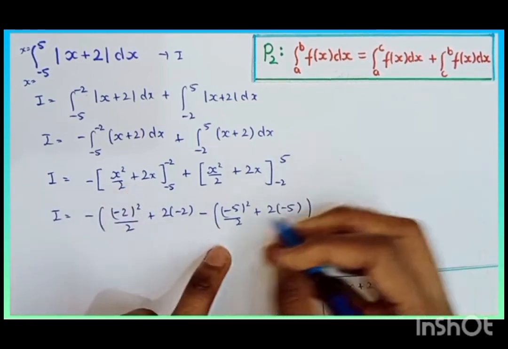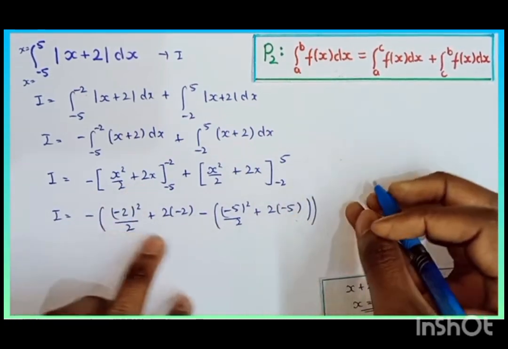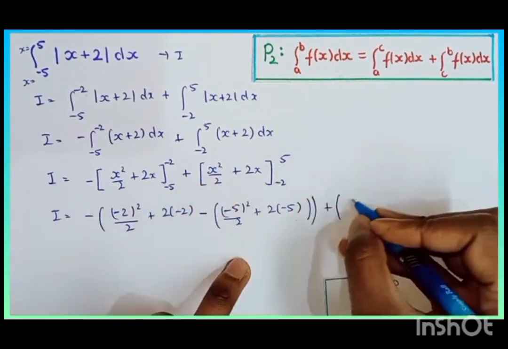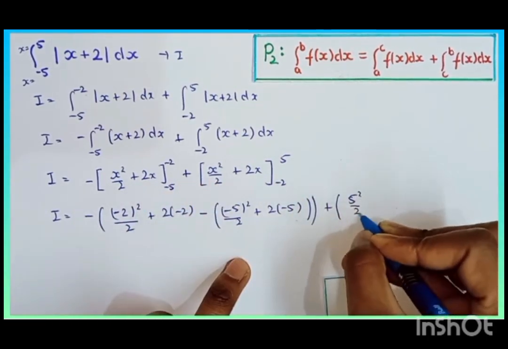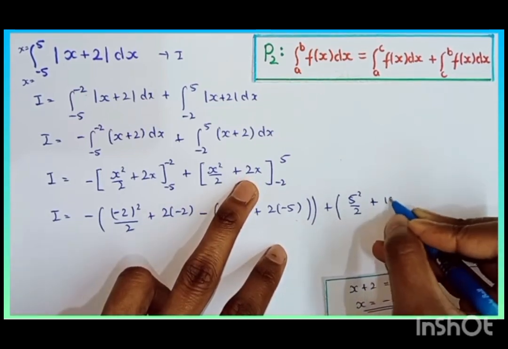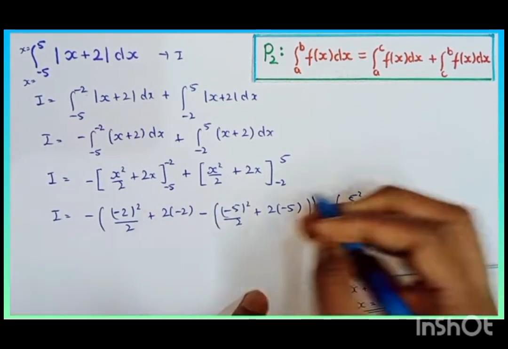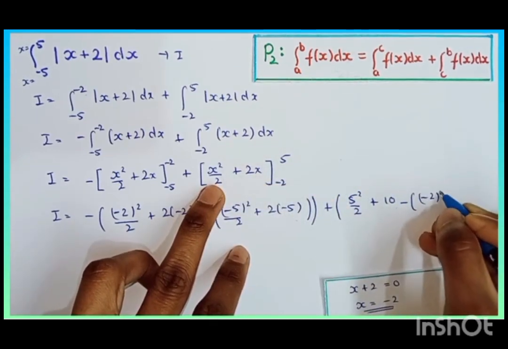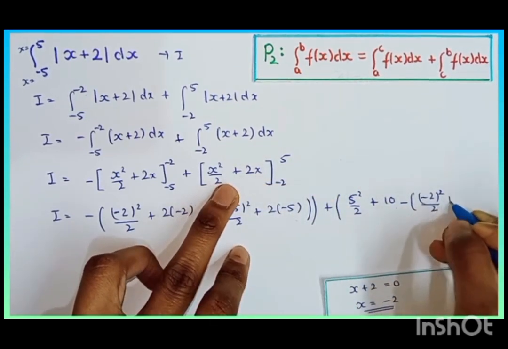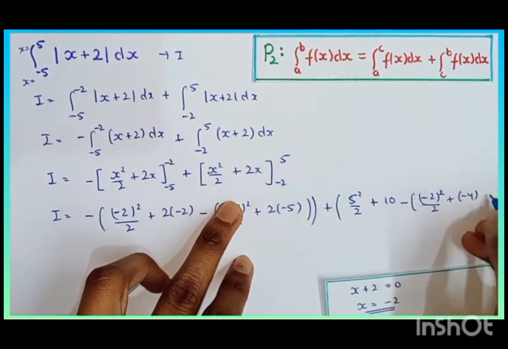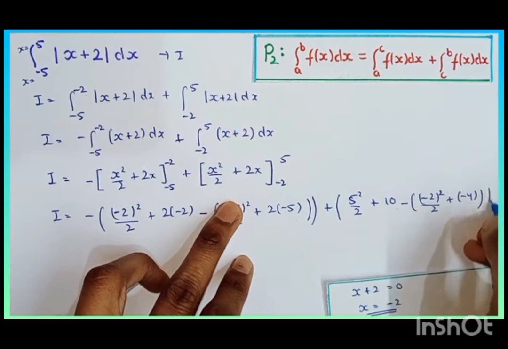Then it is plus, so we wrote plus. Put 5 wherever x is, so 5 squared over 2, plus 2 times 5, which is 10. Then we have to do the minus. Put -2 wherever x is: -2 squared over 2, plus 2 times -2, which is -4. Close the bracket.